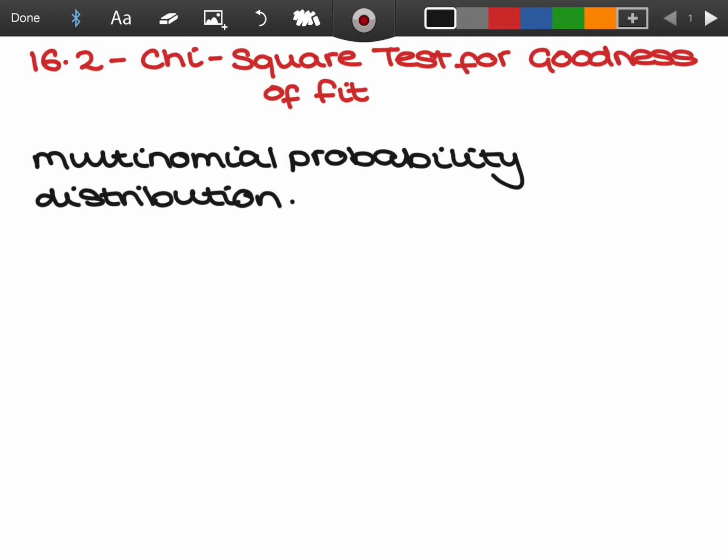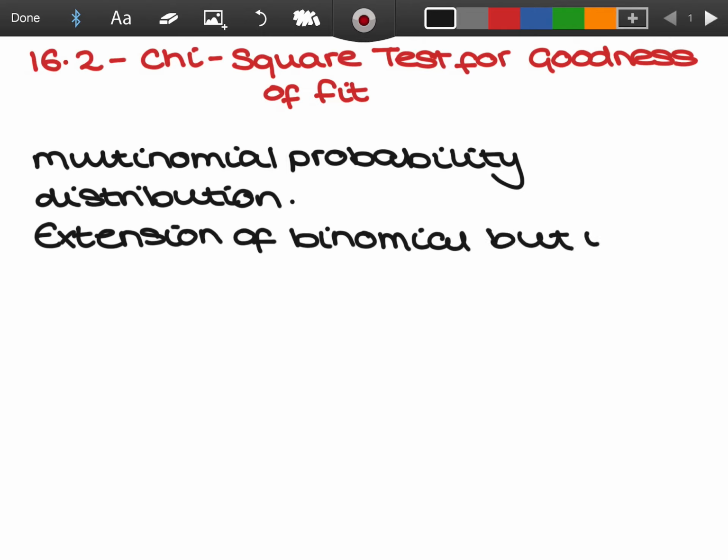With multinomial distribution, you actually have more than two possible outcomes in each trial. But the probability of a particular outcome is the same in every trial. So you always have the probability from trial to trial for each one of these outcomes remaining the same. Okay, so it's an extension of binomial, but with more than two outcomes.